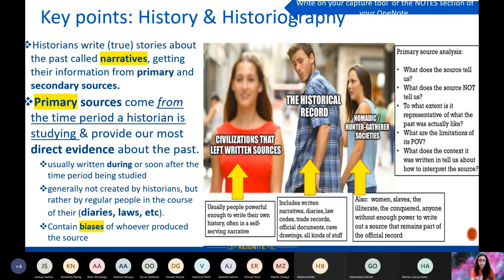All right, starting with primary sources. Primary sources are the most direct evidence that we have left from a specific time.